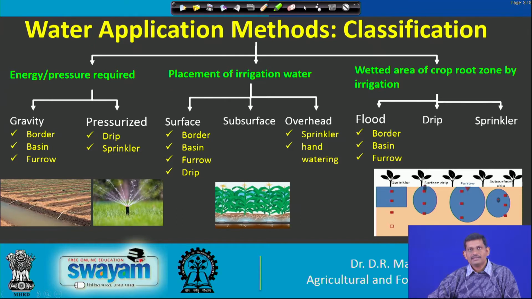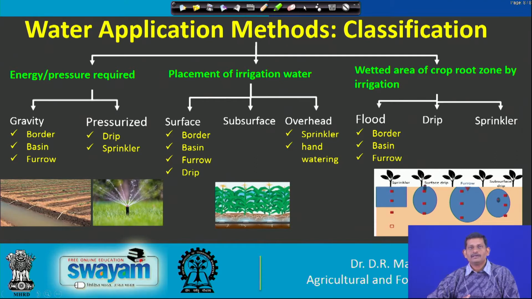The last one is based on the wetted area of the crop root zone by irrigation. When you apply water on the surface and, after the irrigation, make a cross section and look at the soil moisture pattern, the application is classified based on that particular shape.